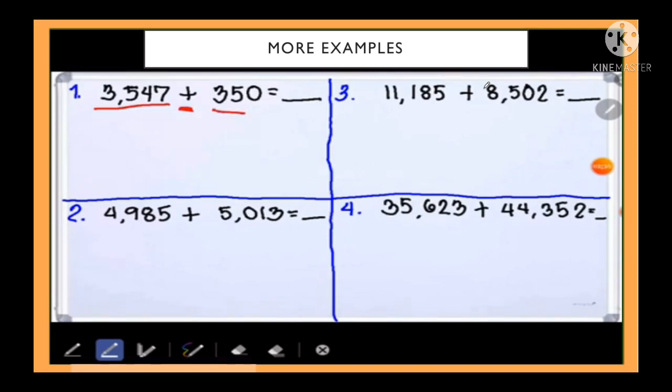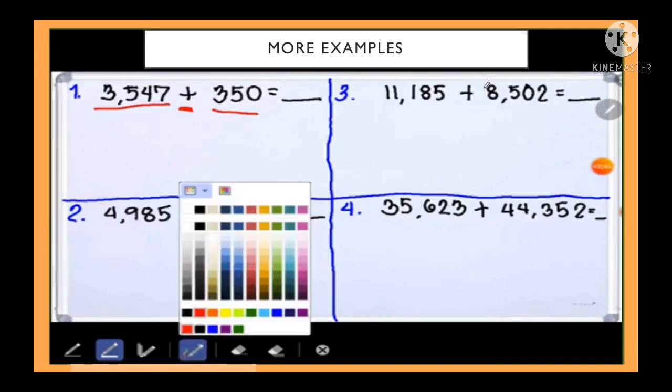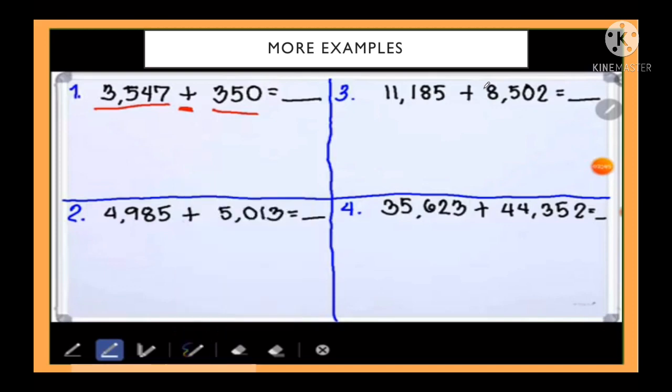Plus 350. Good job. And then we will just follow the steps we did in our first video. Alright? So we will line up first. We will line up the numbers.